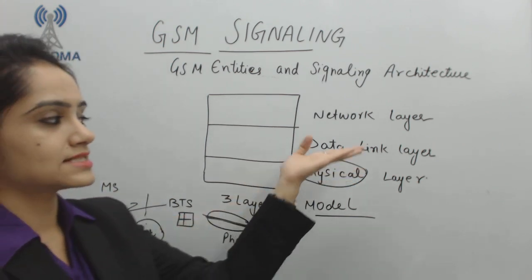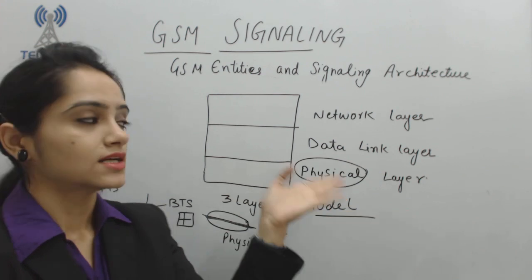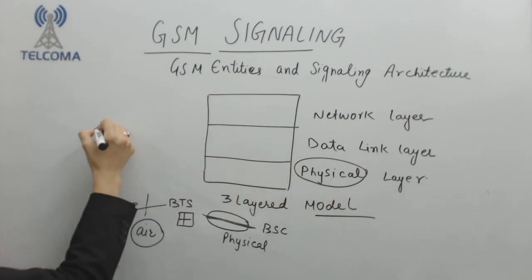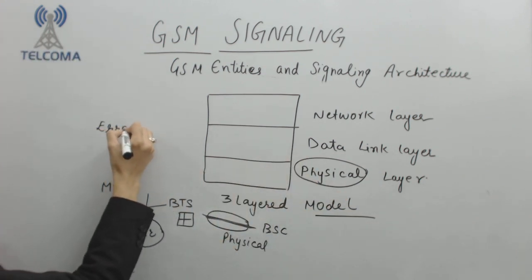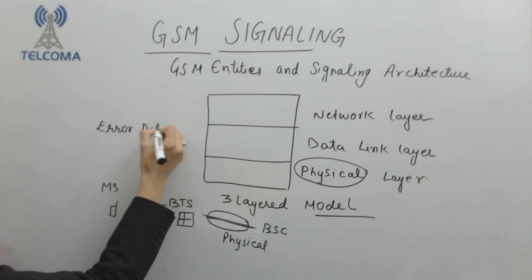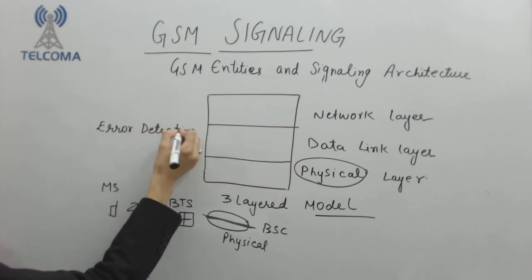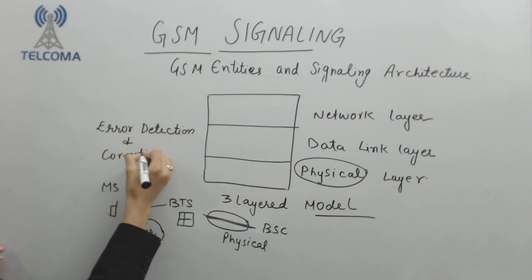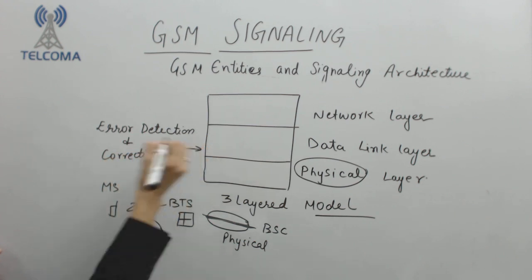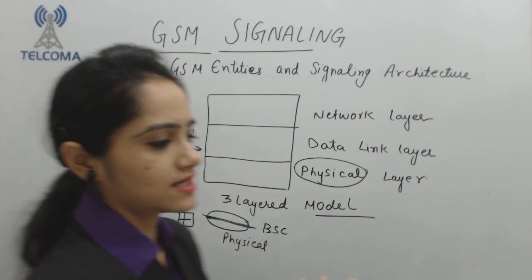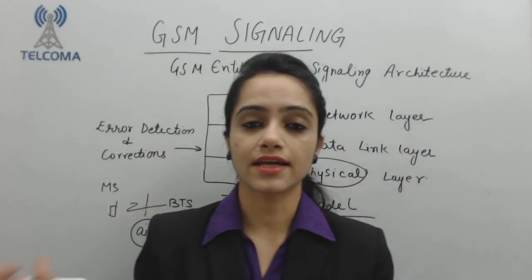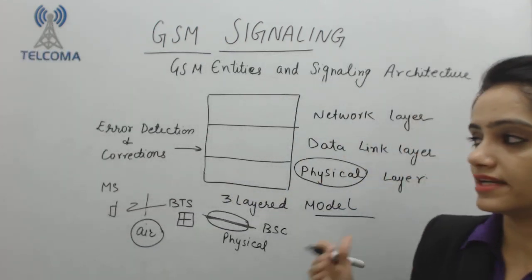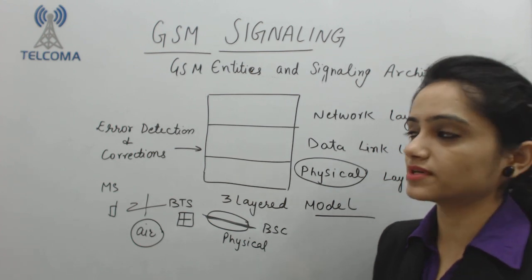Now we have the next layer, the data link layer. This data link layer is used for error detection and corrections. Which layer is used for detecting errors and correcting them? We have the data link layer for error detection purposes.